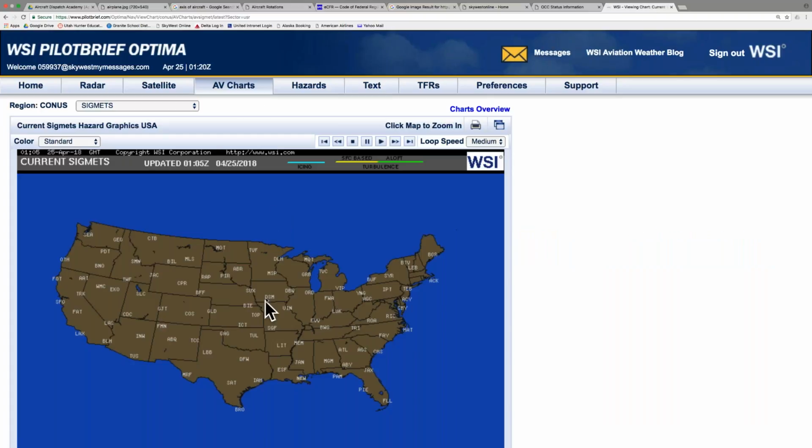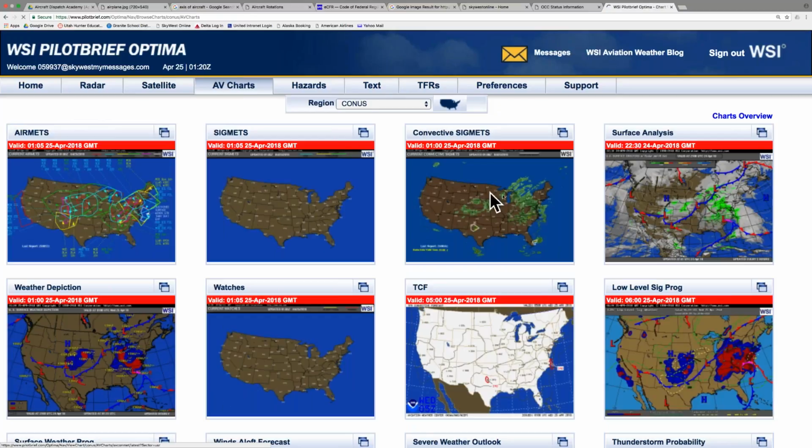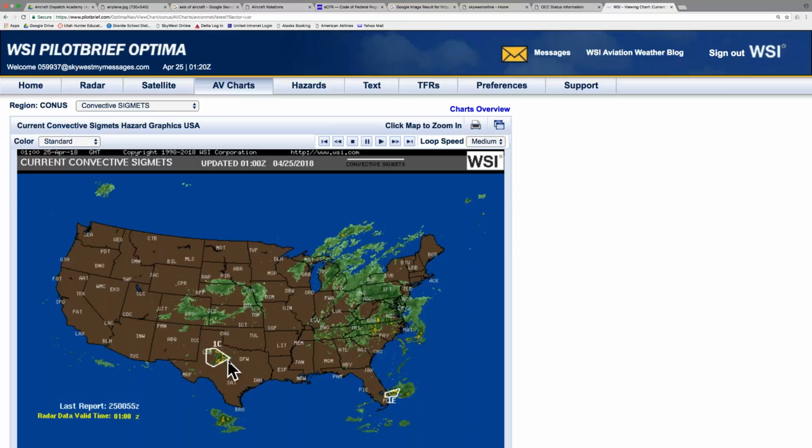SIGMETs are areas of severe weather, whether that be heavy rain or thunderstorms. Thunderstorms we put in what we call a convective SIGMET, which we'll look at here. But SIGMETs are severe turbulence, things like that, that will negatively affect the performance of the aircraft or could limit us in some way.